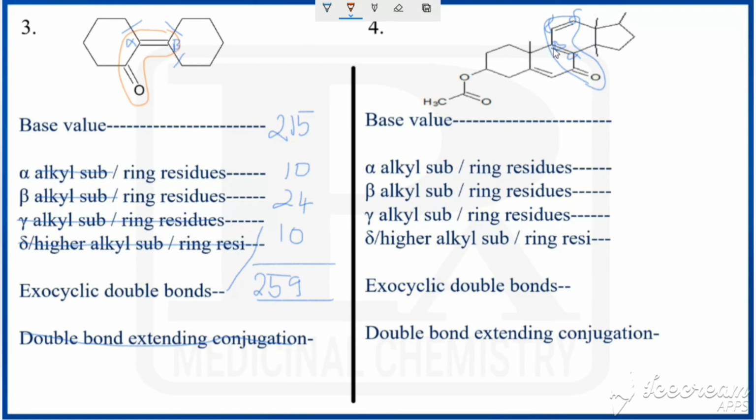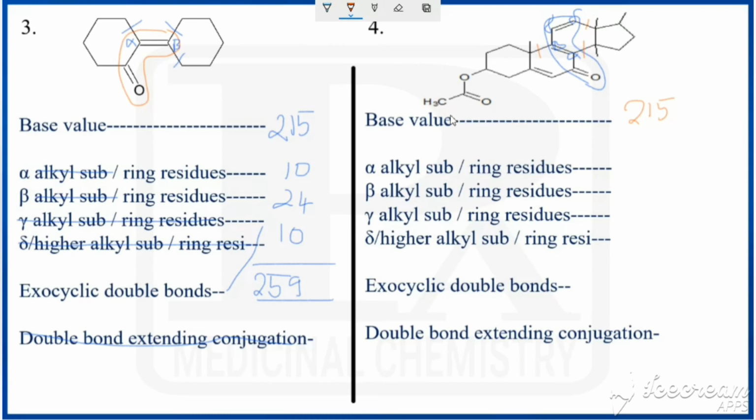The ketone is present in a 6-membered ring. That's why the parent value would be 215 nanometer. Now for this alpha, it is having one ring residue. For beta, one ring residue. For delta, it is having one ring residue. It is not having ring residues at gamma. So one alpha, one beta, one delta.